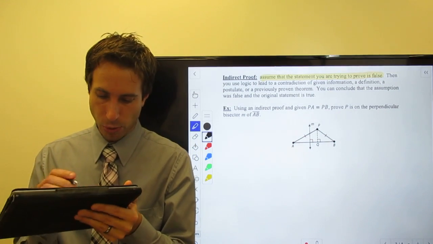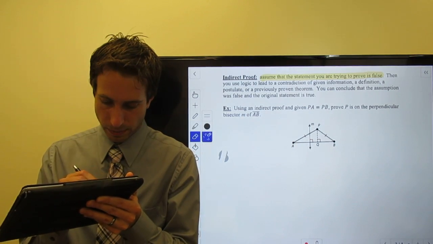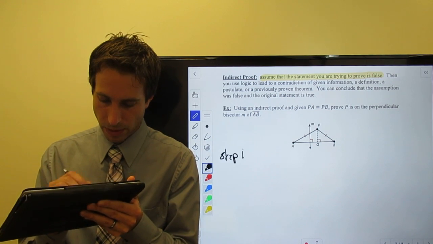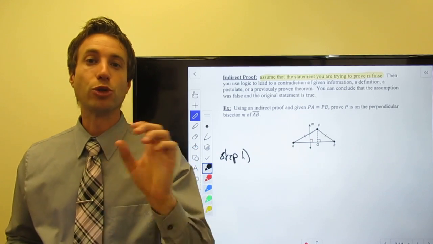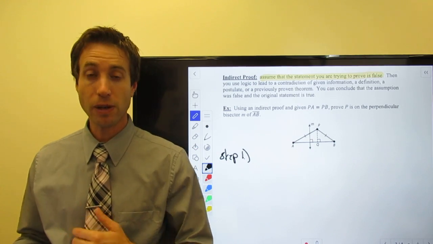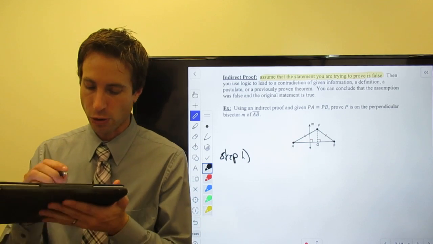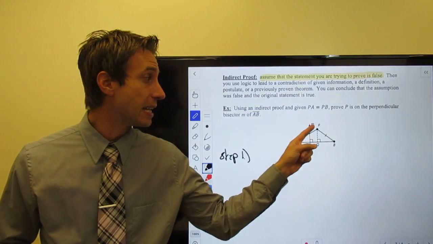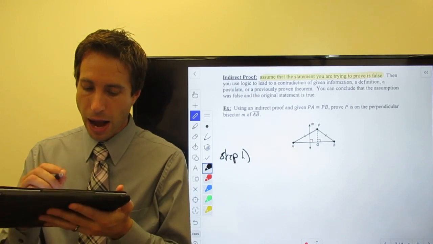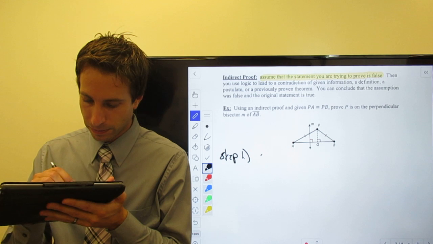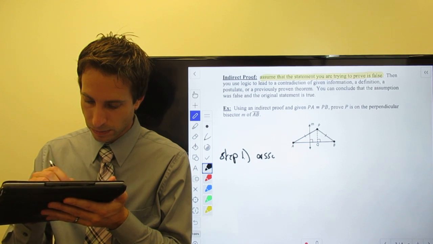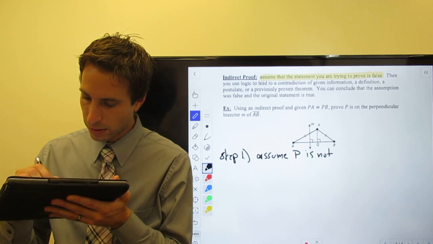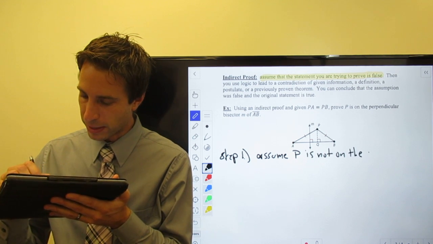Here's the way this works. Step one. Since we're doing an indirect proof, I'm going to assume what I'm trying to prove is false. Since I'm trying to prove P is the perpendicular bisector, I'm going to assume P is not the perpendicular bisector.